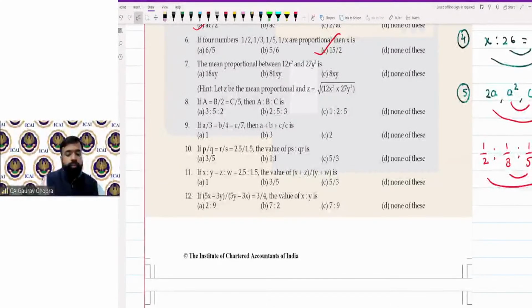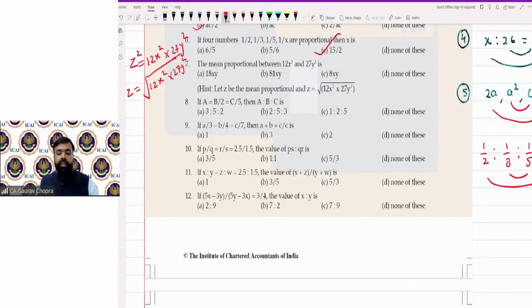So it will be Z square is equal to 12x square multiplied by 27y square. So Z will be square root of these two, 12x square multiplied by 27y square. So just simplify this and get the result.